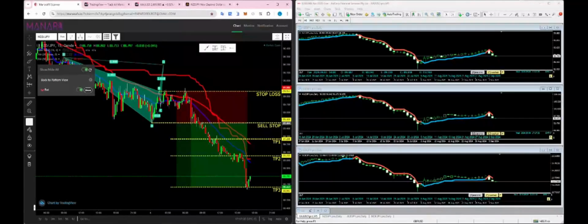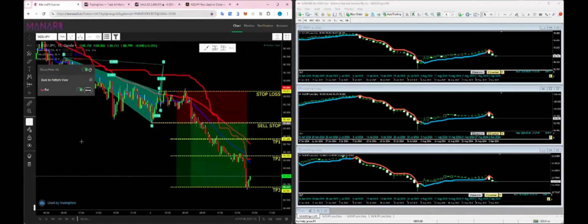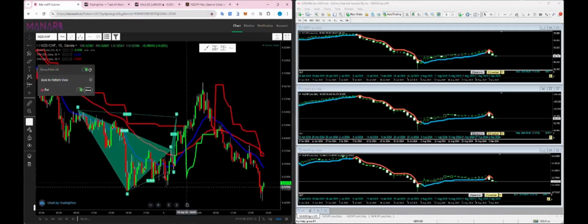This is a strategy, an easy strategy, really. It's just a couple of steps that you need to perform, but they're very, very easy. So if we go to notification again, let's see what else we got. Now, NZDCHF. See, this is like a salad, right?